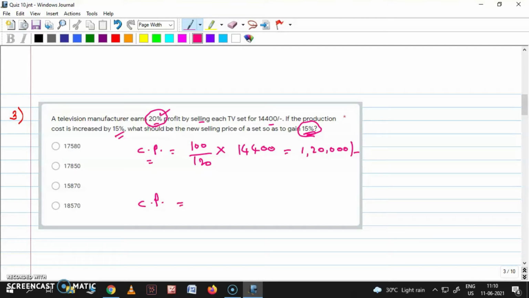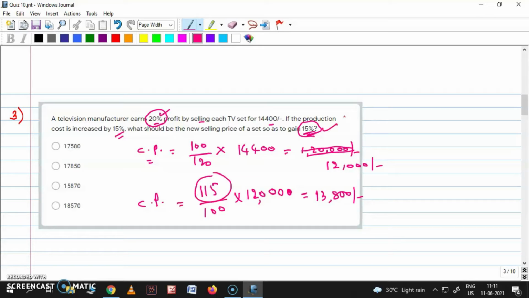So it should be 115 divided by 100 into 120,000. Sorry, it's not this much, this is 12,000 only. So now the new cost price is 13,800 rupees. Yes, this is with the gain of 15%, and this would be 115.